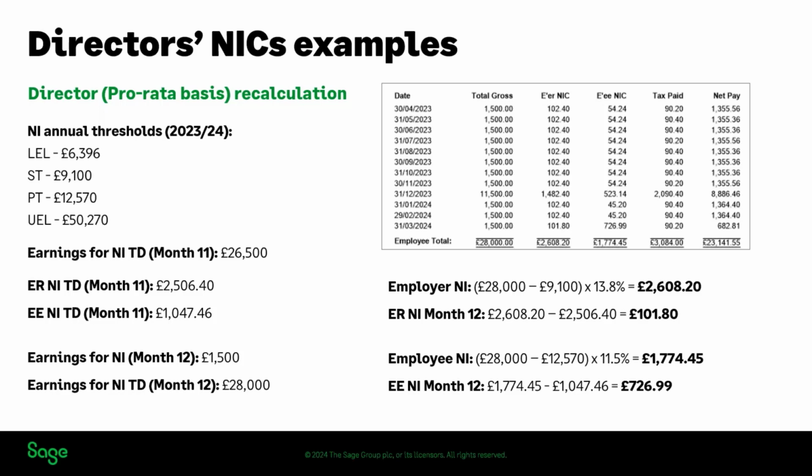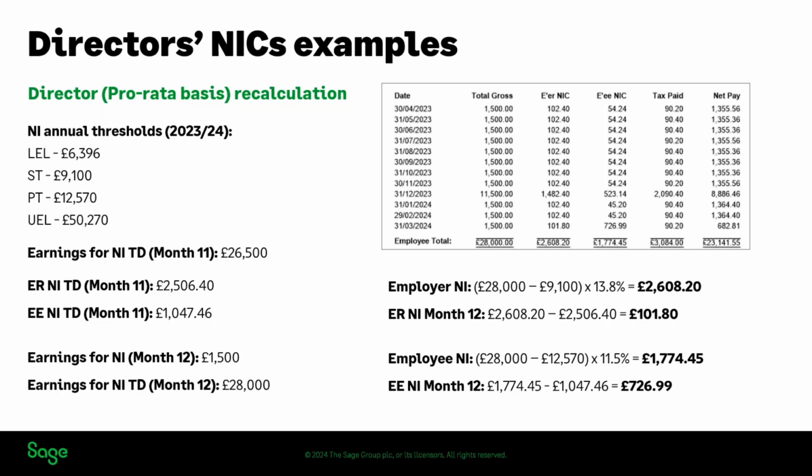So the reason that that's so high is in month 9, when there was a bonus paid, their earnings in that month were way above the upper earnings limit. So a lot of the national insurance back in December was paid at the 2% rate based on the monthly threshold. But looking at the annual earnings, they are earning less than the upper earnings limit.